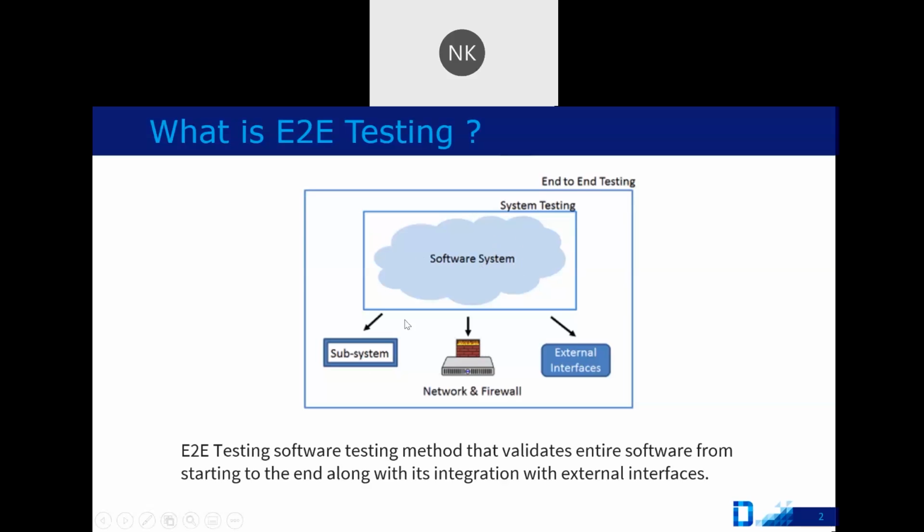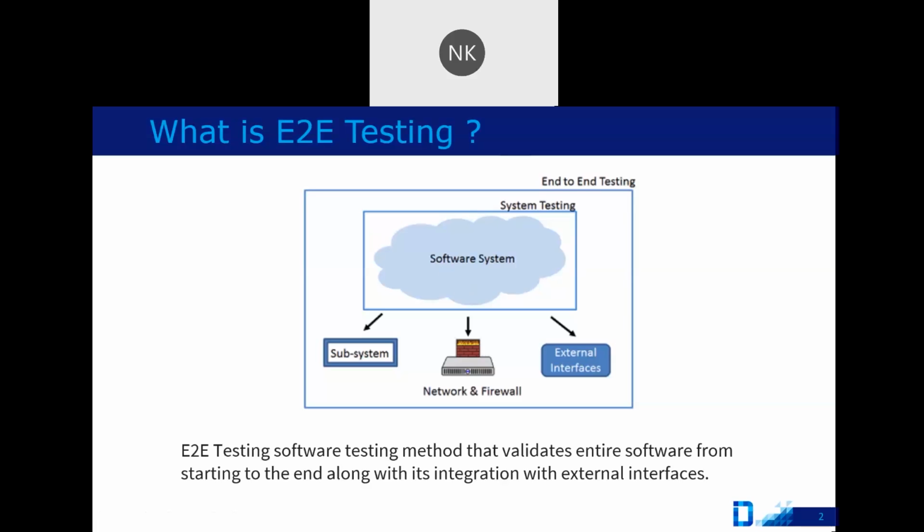It is interconnected with subsystems, and it is connected with networks, firewalls, and also external interfaces. But when we are doing system testing, we are testing the software system only. We consider only this part. But in end-to-end testing, we are considering the entire software system. So that is the main difference between system testing and end-to-end testing.